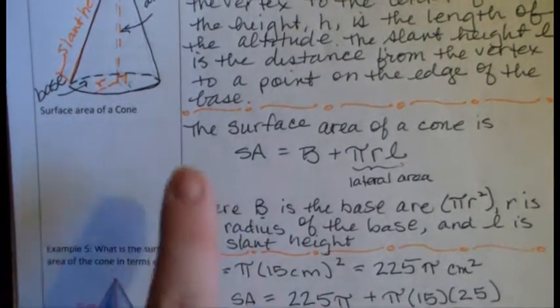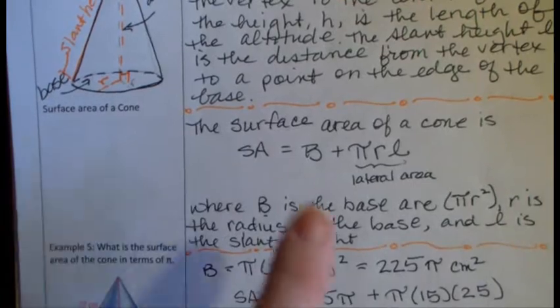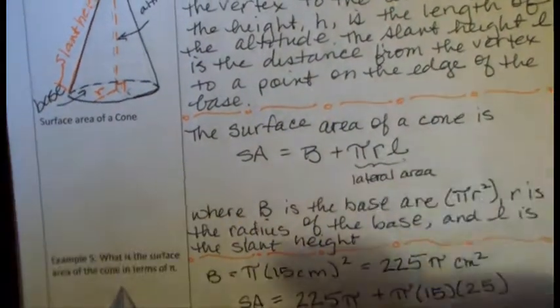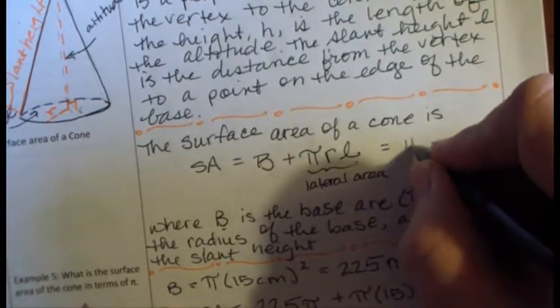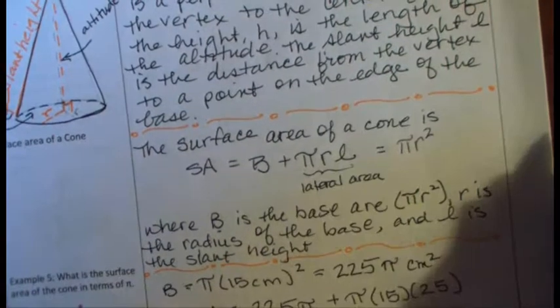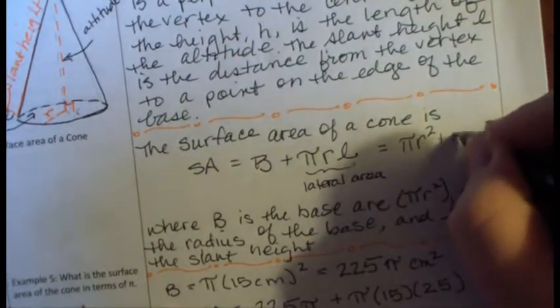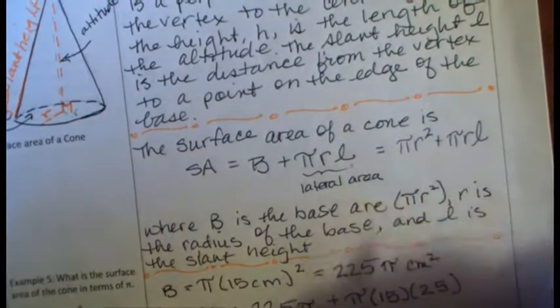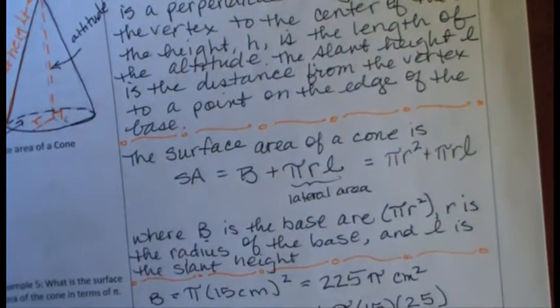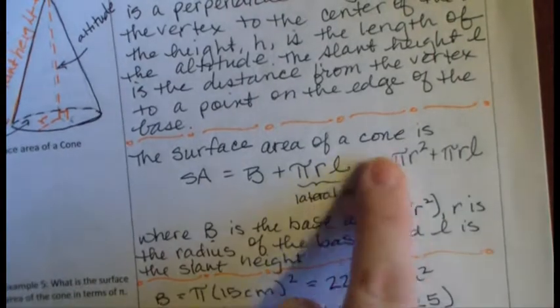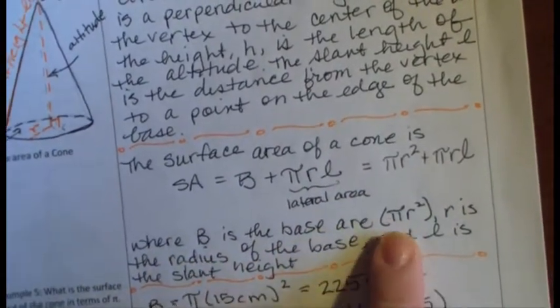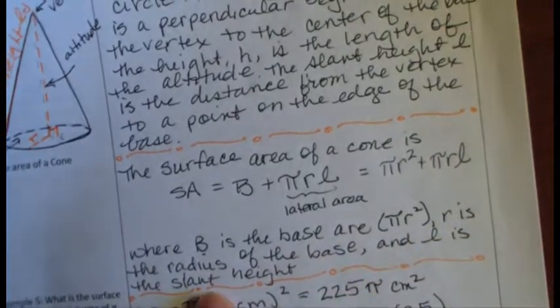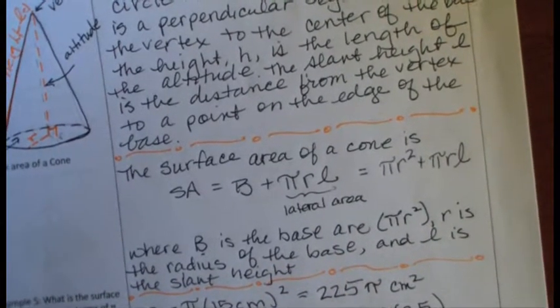Since we know our base is a circle, another way to write this is pi r squared plus pi RL. I think that's how I work them out in my examples. B is the base, pi r squared, R is the radius of the base, and L is the slant height.